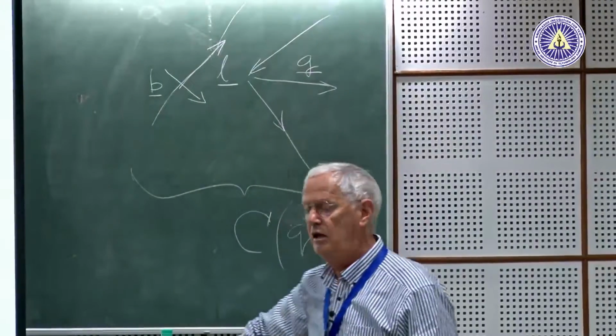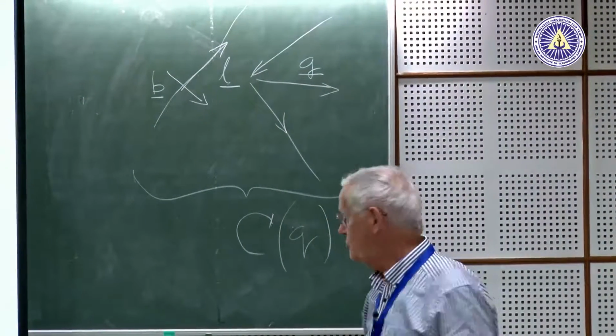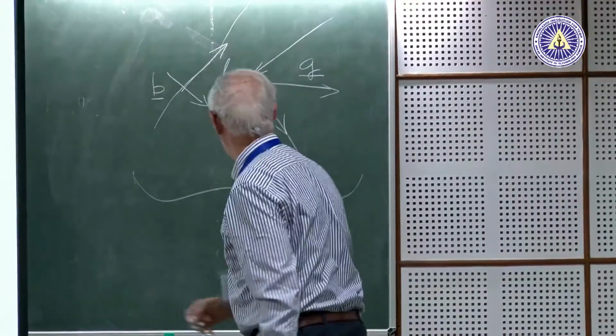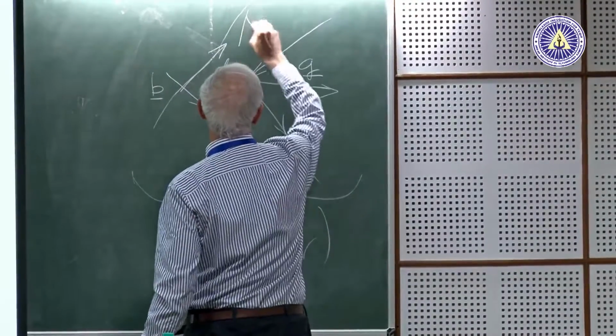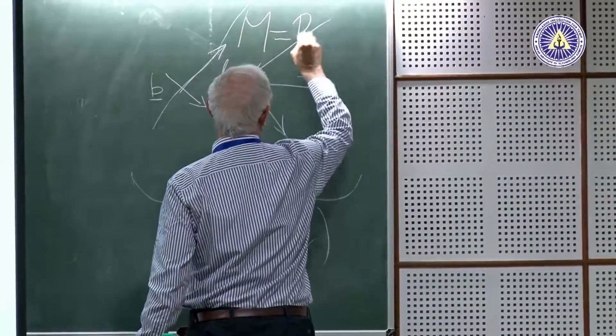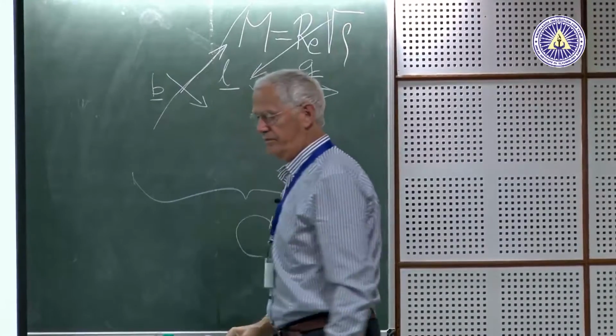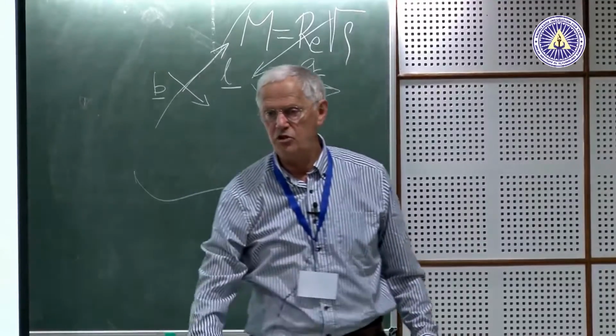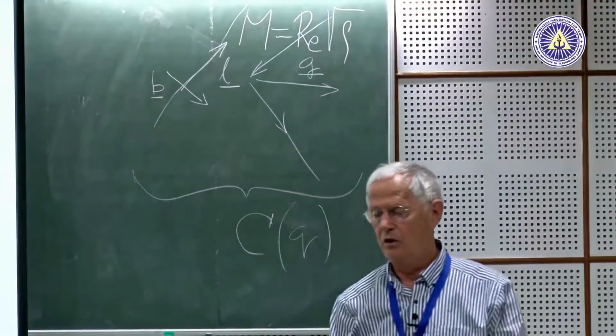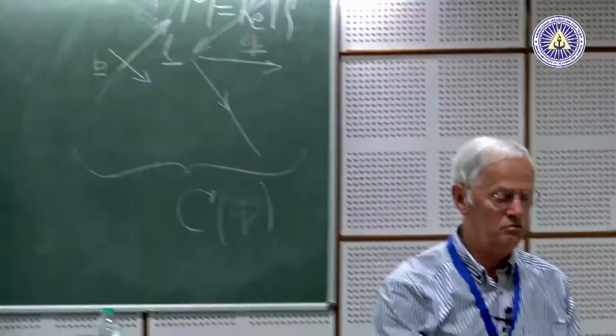M is the arrangement parameter. We said M is equal to Re times square root rho. It's just a number between a few tenths and 5 or 10.